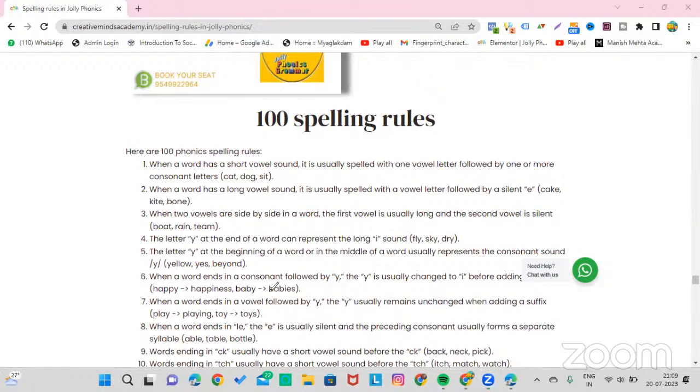Right? Now we have done that Y is changed to I when you have the plural, or when you have to add ES.